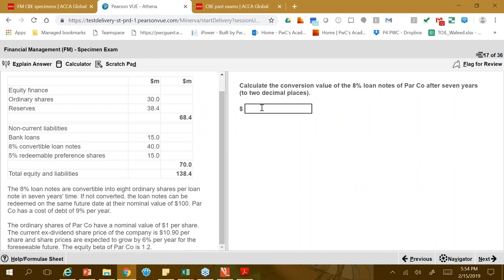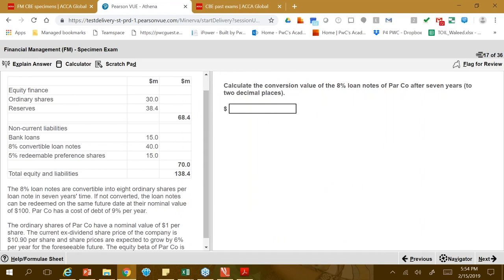Text box question. Calculate the conversion value of the 8% loan notes of Power company after the 7 years. We have to find the conversion value to 2 decimal places. Now remember, in section A and B of your exam, you will not have access to a spreadsheet.